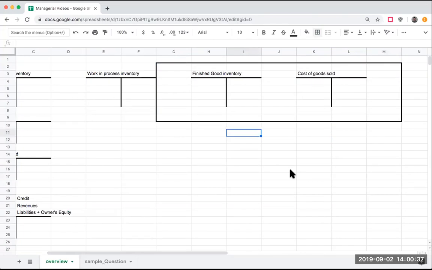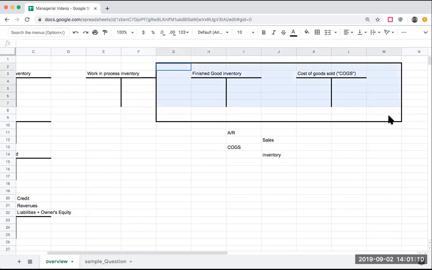When I make a product sale, say on account, I'm going to debit AR, credit sales, and then debit cost of goods sold and credit my inventory. If you think about it intuitively, this cost of goods sold, or COGS, and finished goods inventory, which is the same as inventory, what we were really doing was debiting cost of goods sold and crediting inventory.